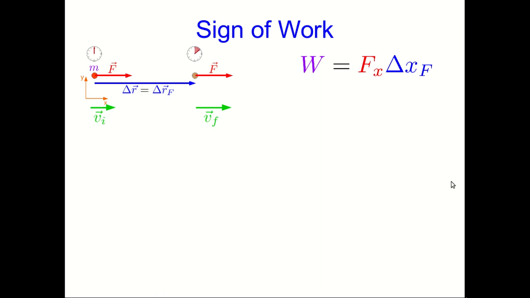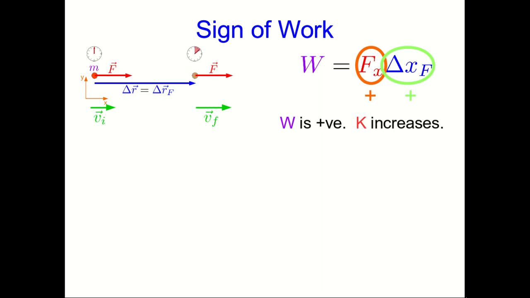Let's look at the sign of this work and make sure it behaves the way we think it should. So in the picture I've drawn, the force and the force displacement vector point in the same direction, and they're both in the positive x direction. And so Fx is positive, and delta x f is also positive, and so the work is positive, which means the kinetic energy increases.